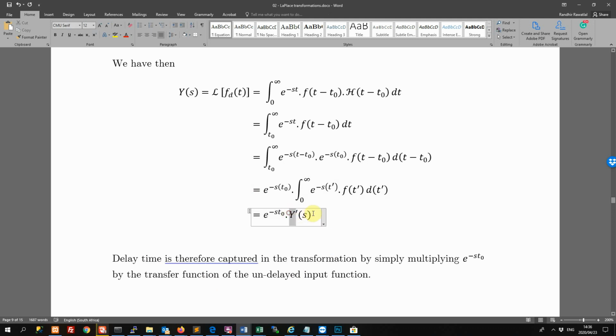So this is the Laplace transform of the original function without time shifting, and we just have to multiply by this exponential of the time shift itself.